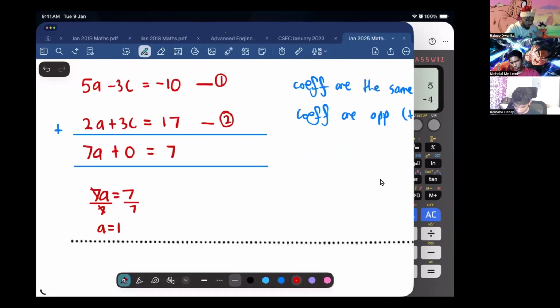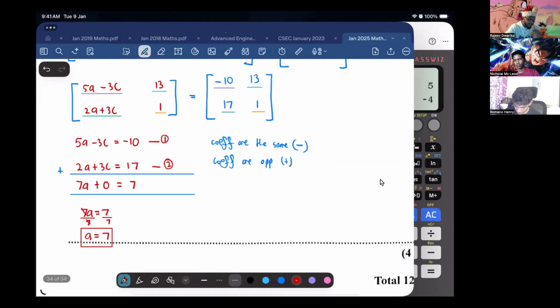So we found A. That's one of our problems gone. What are we still missing? C. Right. So A is equal to 1. To find C, you are going to select either one of the two equations. So which one do you want to pick? Equation 1 or equation 2?